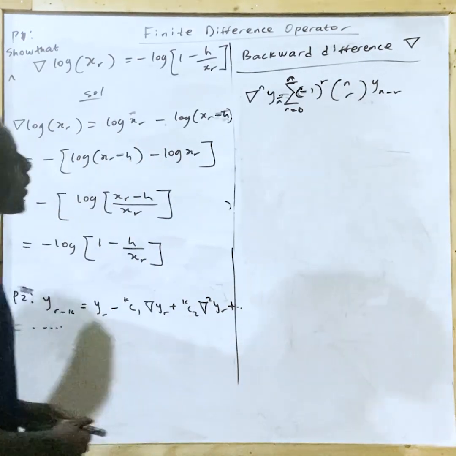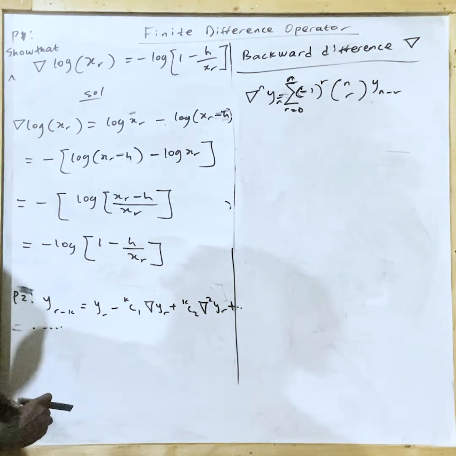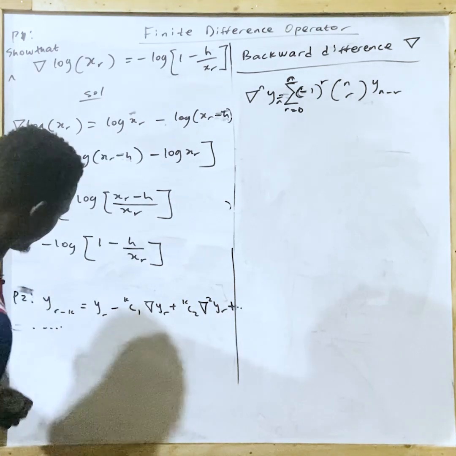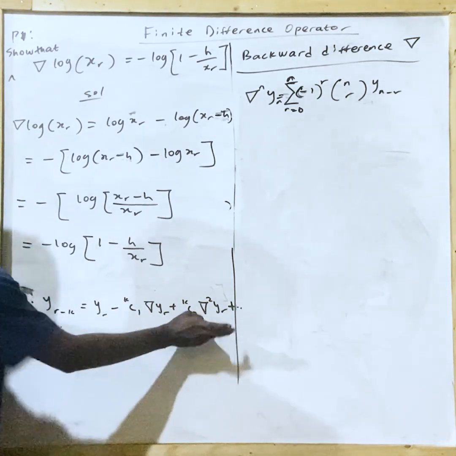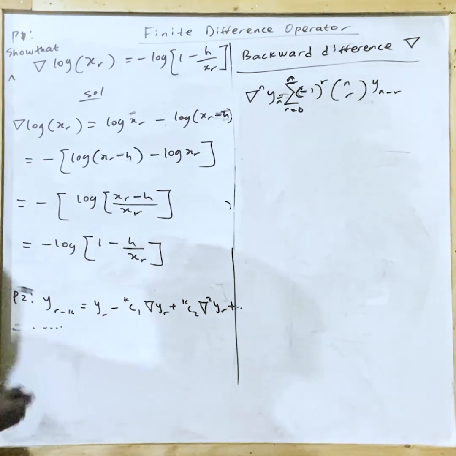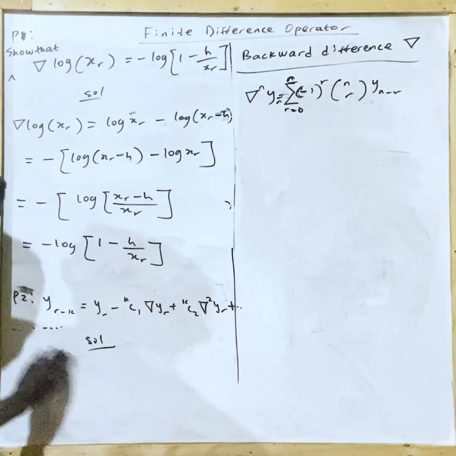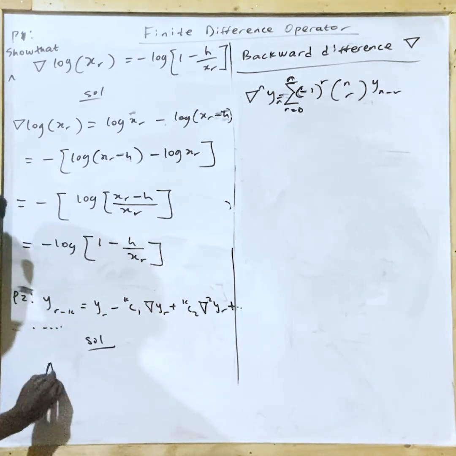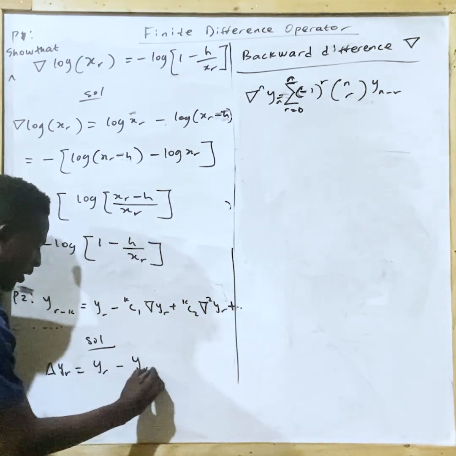Moving on. I want to prove this equals this. How do I go about that? Let's start by testing. What is the backward difference of y_r? That is y_r minus y_(r minus 1).